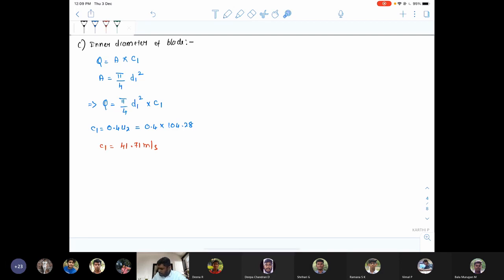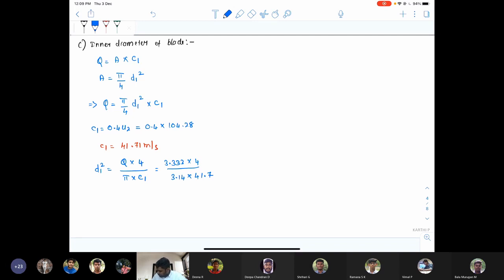Now substituting the value of C1 and Q in this equation, you can find the value of D1. Therefore D1 square is equal to Q into 4 divided by pi into C1, which is 3.333 into 4 divided by 3.14 into 41.7.